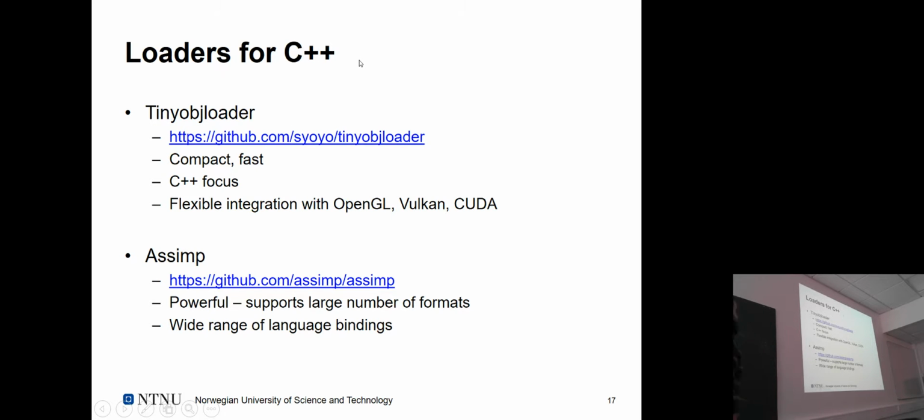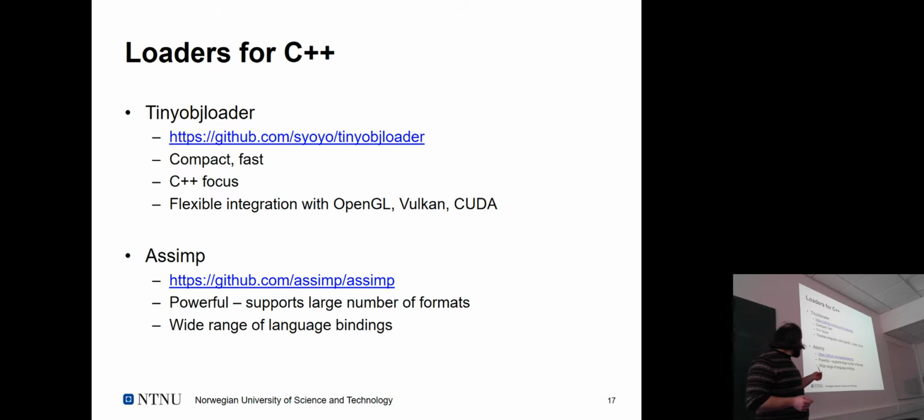I will review two options. Tiny OBJ Loader, as the name implies, is only for OBJ files. It's very compact, very fast, simple, but also limited in functionality. For example, it supports only C++, but it has flexible integration with OpenGL, Vulkan, and CUDA.